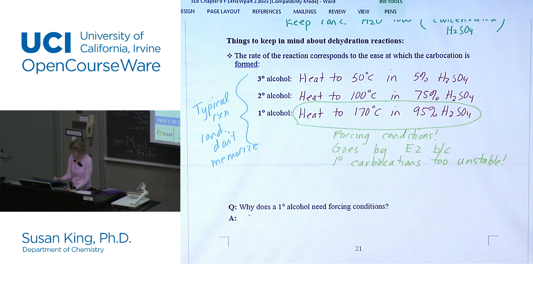And that's because the E2 reaction requires a strong base. HSO4 minus is a very weak base.